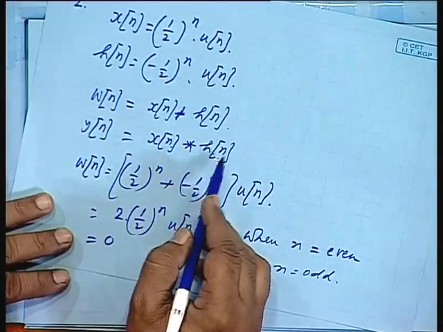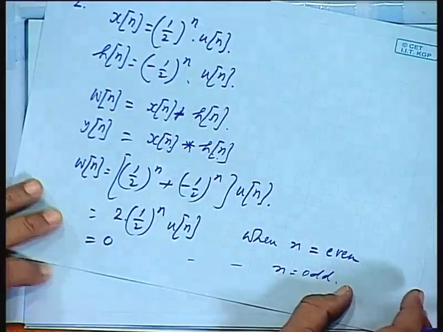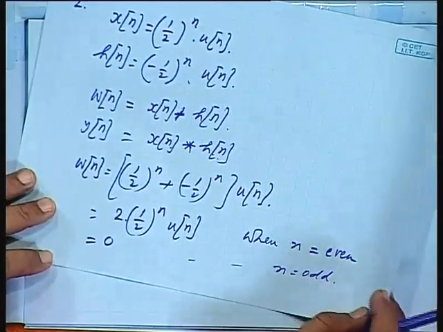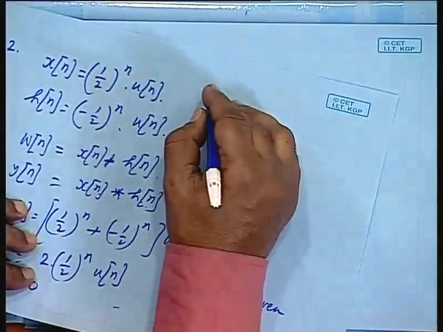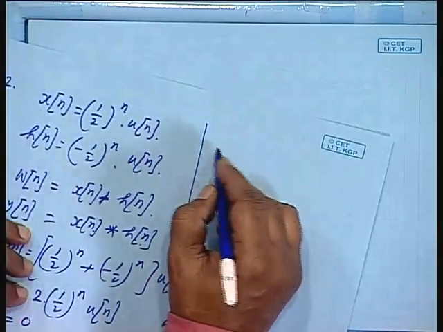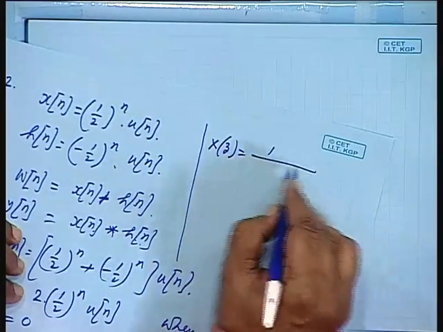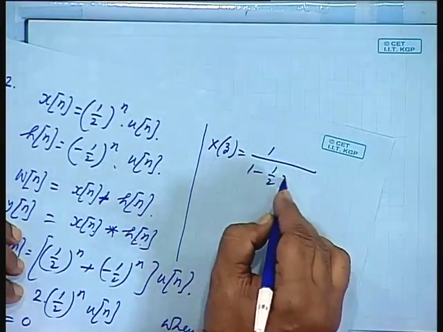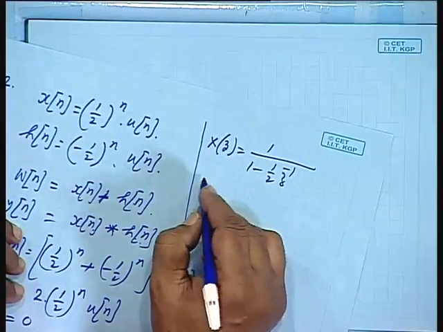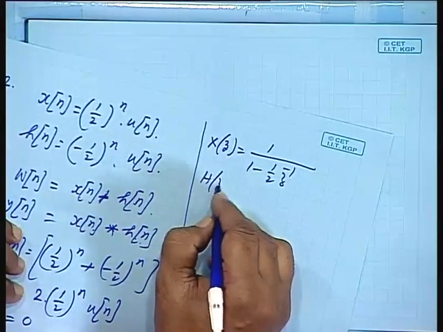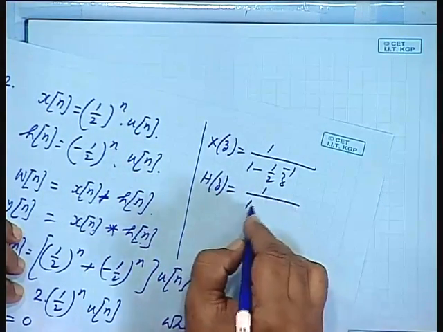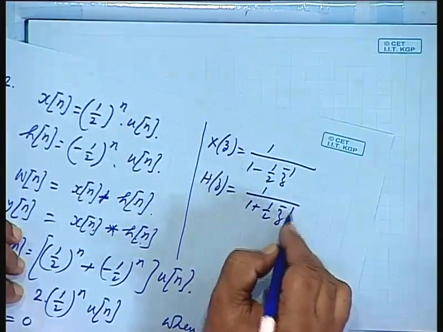Okay. There is an alternative approach, take the Z transform. What do you get? If I take the Z transform, X(z) is 1 by 1 minus half z inverse, H(z) will be 1 plus half z inverse.